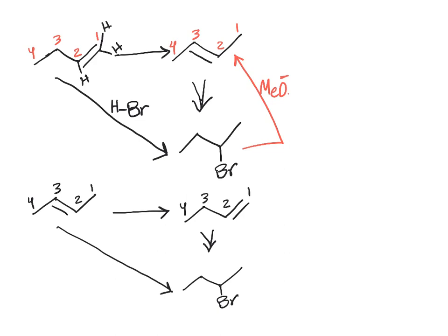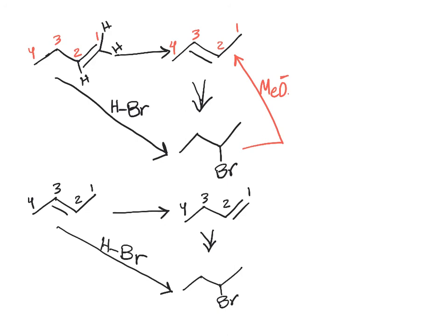what reagent do we need to go from 2-butene to 2-bromobutane? We need HBr, and since the alkene is symmetrical, we don't have Markovnikov, anti-Markovnikov.